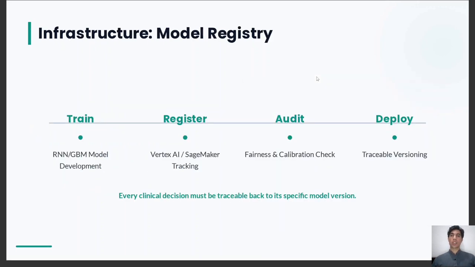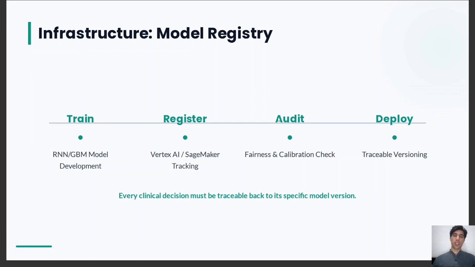Then the infrastructure, which is the model registry. Until now we have looked into training the model. For example, we trained a TabNet model and an XGBoost model. That is the training phase. But next comes the registration phase. We register our model in, for example, Vertex AI or AWS SageMaker for tracking.